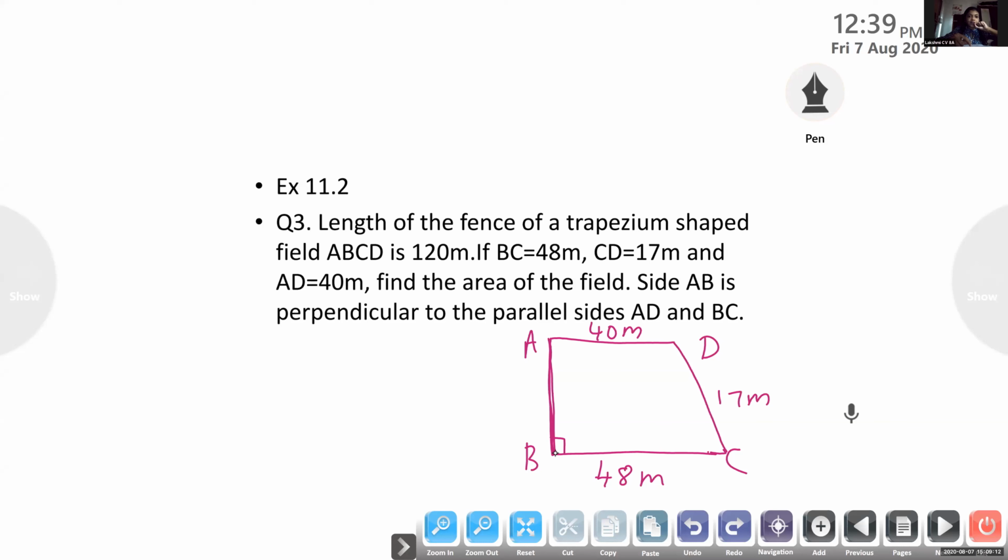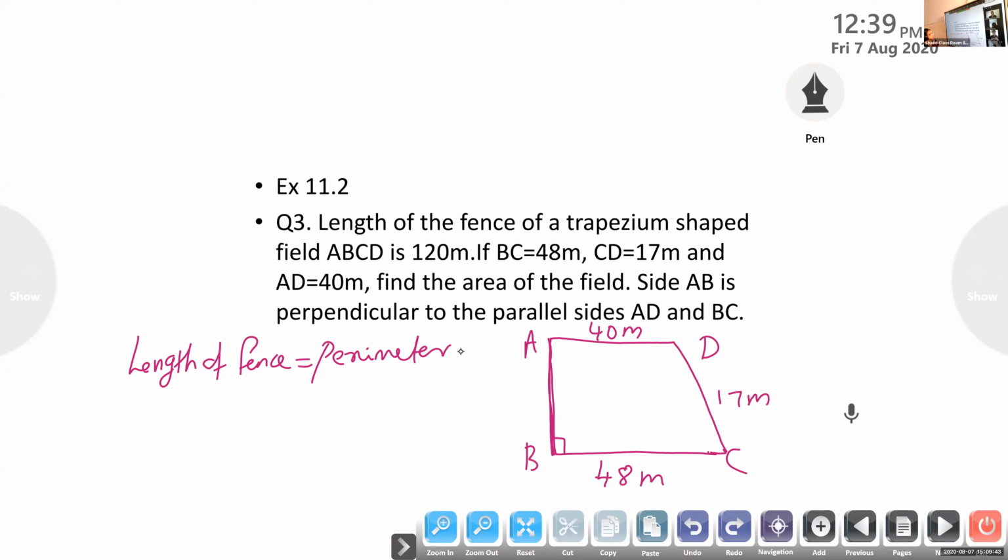Length of the fence means, in our math, it is what? Perimeter. Yes, it is the perimeter. Very good. Length of the fence means it is the perimeter.